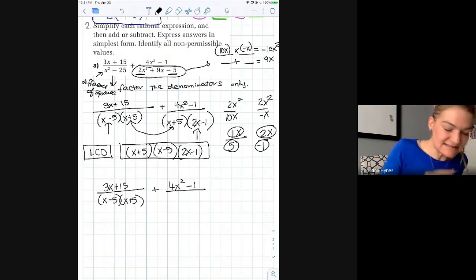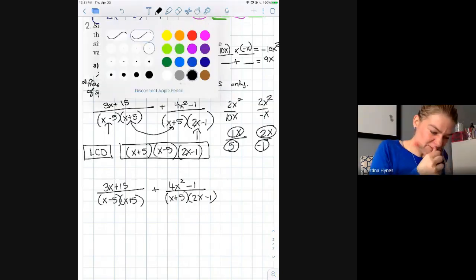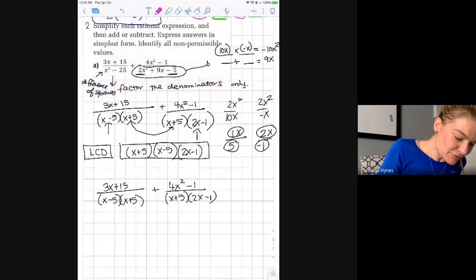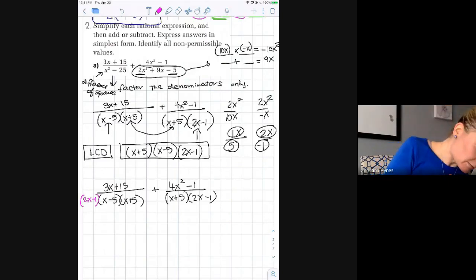You'll notice that I never touch the tops when it comes to adding and subtracting for now. Okay, so now we're trying to get it to look like that lowest common denominator. If you look at the first fraction, it's missing the factor of 2x minus 1 for it to have all 3. What you do to the bottom, you do to the top.